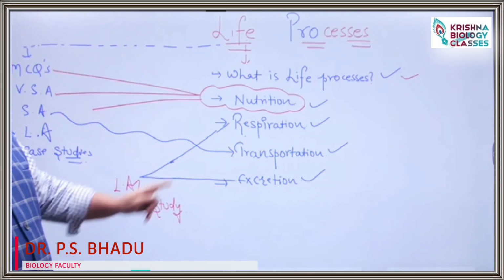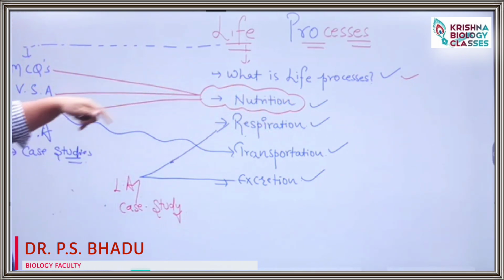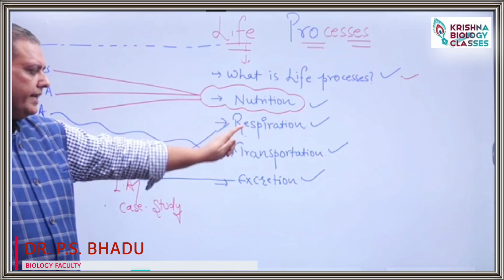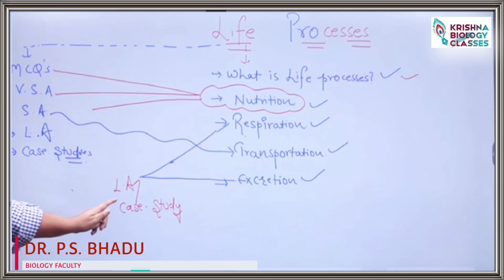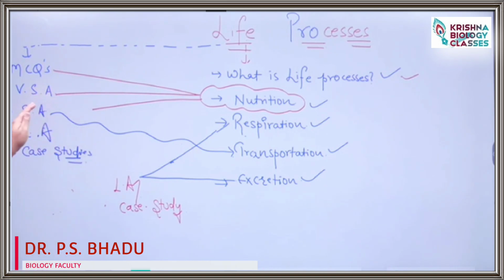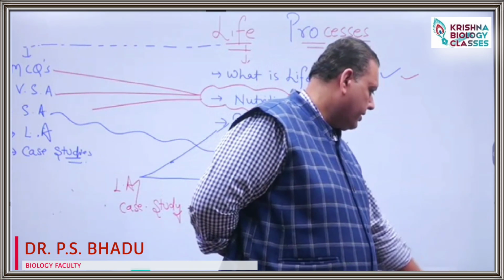The maximum weightage we need to give to the process of nutrition, because from this topic, MCQs and various short answer questions are formed, whereas from the topics respiration and excretion, long answer or case study based questions used to come, and from transportation, either a short answer question of 2 marks or a long answer question of 3 marks used to come.